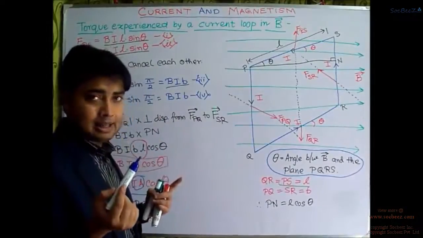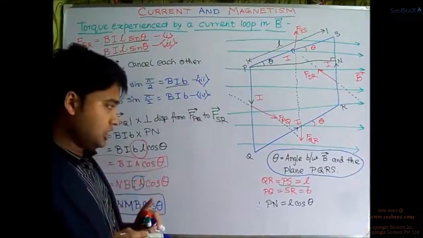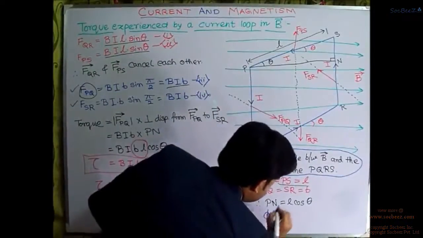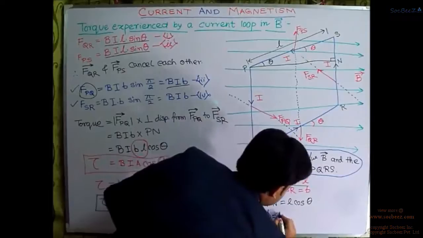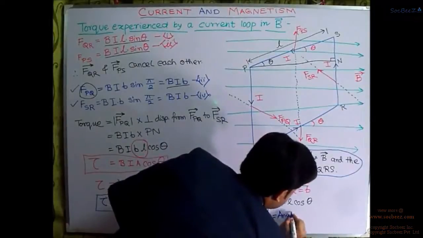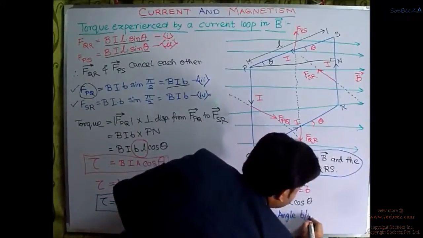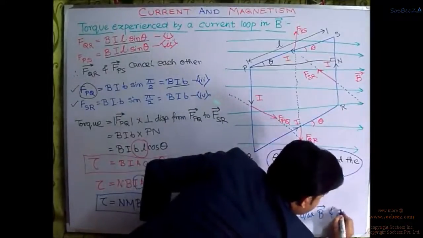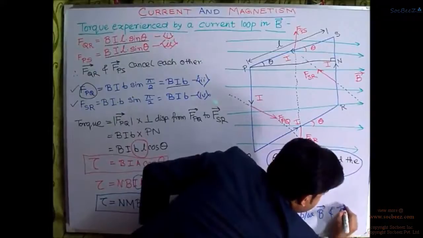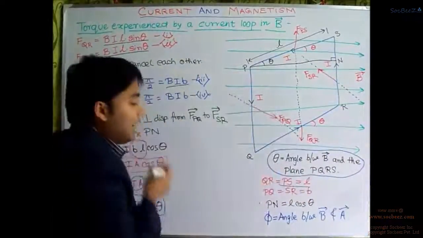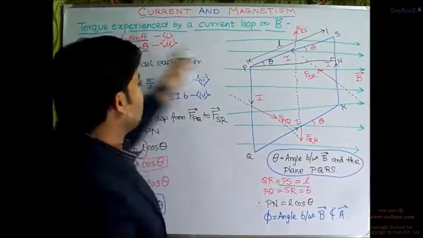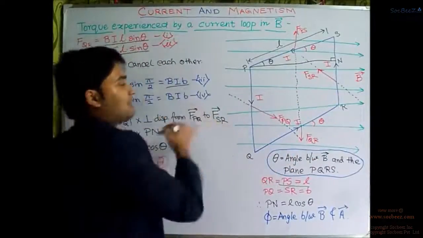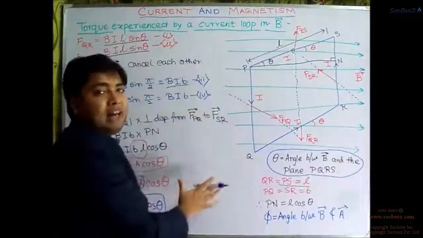But else, if you are considering, for example, phi as the angle between B and the area vector. The area vector, for example, this is the plane, right? Over here, this is the y-axis, this is the x-axis, so this is a plane.